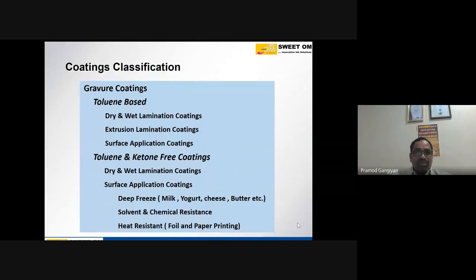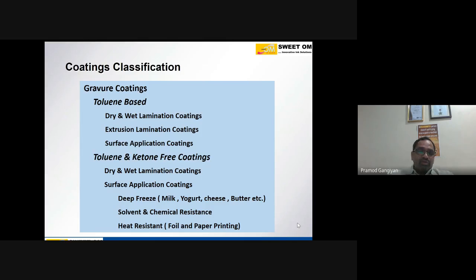Again, there are a few dimensions we can classify, like toluene based coatings or toluene free coatings or ketone free coatings. This is a technical part, and it comes under legislation, because there are certain rules specified by the industry and certain rules specified by the government itself, on where to use which type of coatings.